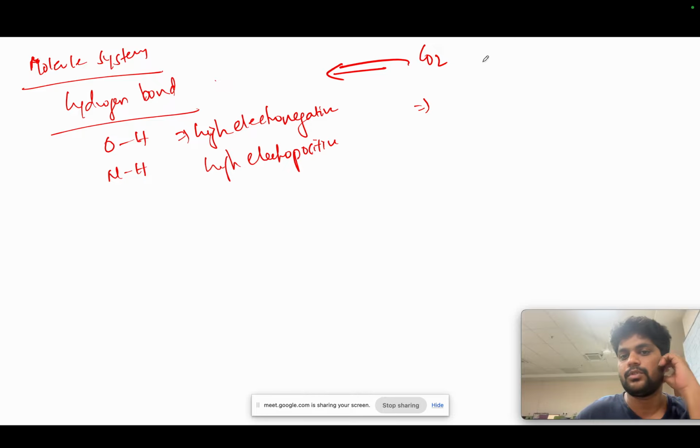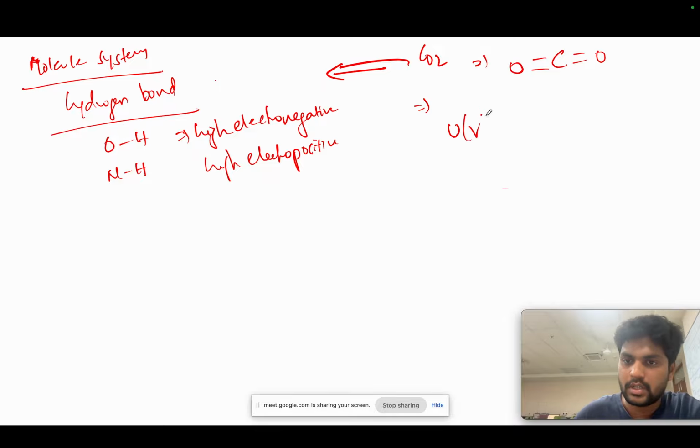So now there is CO2. You know how CO2 stands? You know this one, right? So can you tell me what it has? Suppose if I write UR, I'm talking about only a single molecule. I said that in the system you have only one molecule. So how will the UR be from this formula?